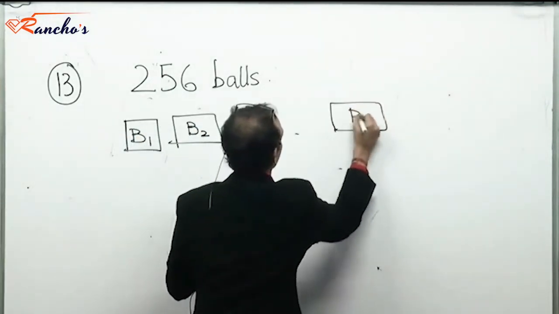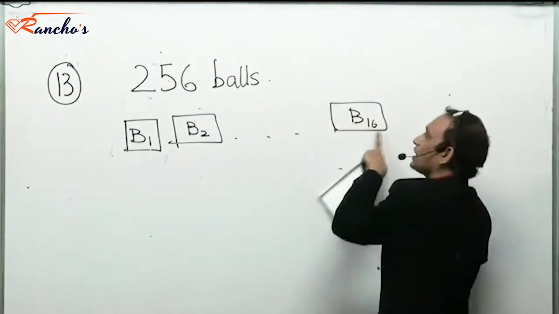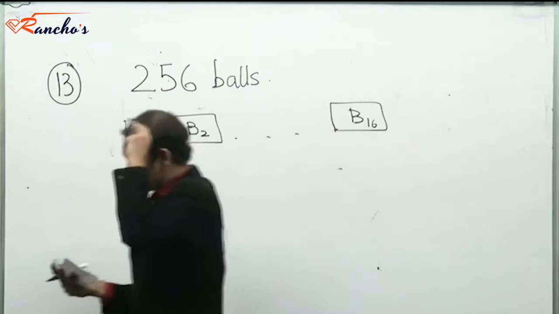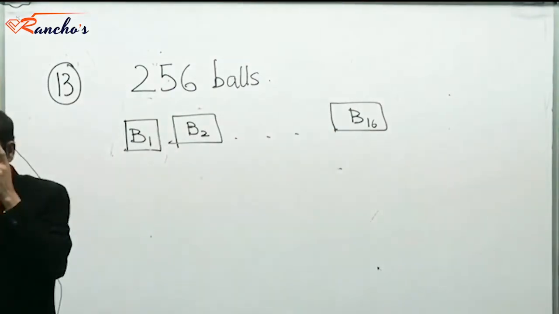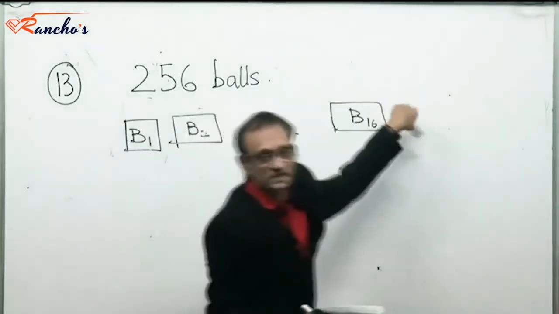These are the 16 numbered boxes. This is R equal to 1, R equal to 2, R equal to 3, R equal to 16. There are these 256 identical balls and they have to be placed in 16 boxes numbered 1, 2, 3, up to 16.